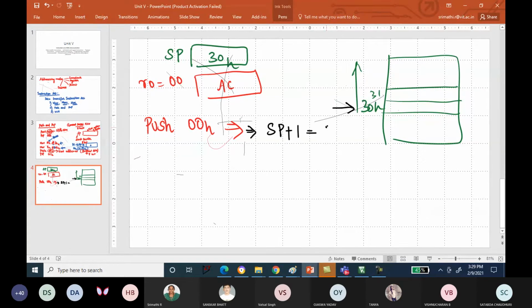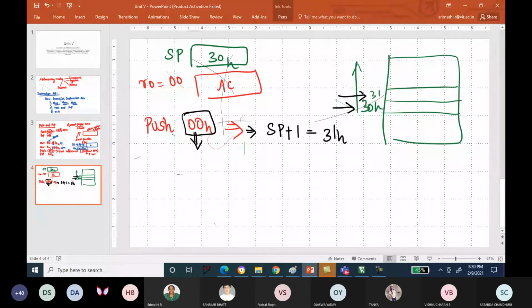Before pushing the value into the stack, once it sees the push instruction, your stack pointer will be automatically incremented by 1. Now your stack pointer will point to 31H. It is given push 00H, meaning whatever value is available in 00H, push that value to 31H.